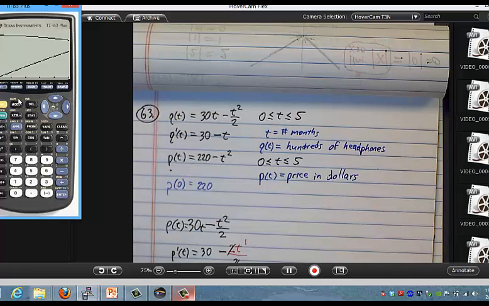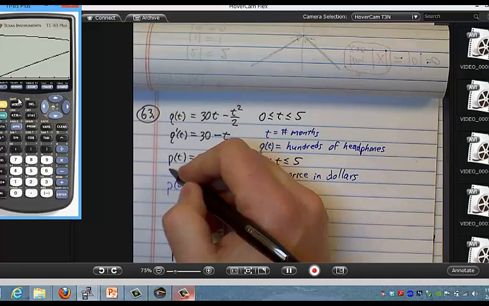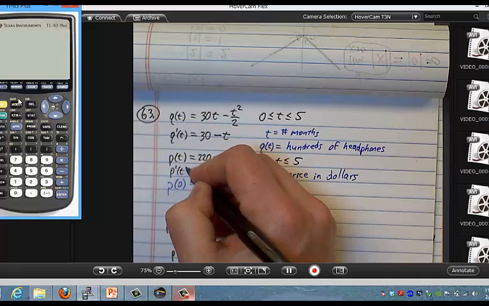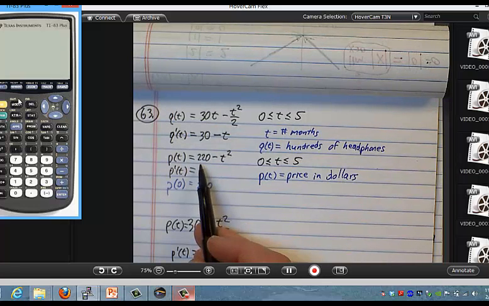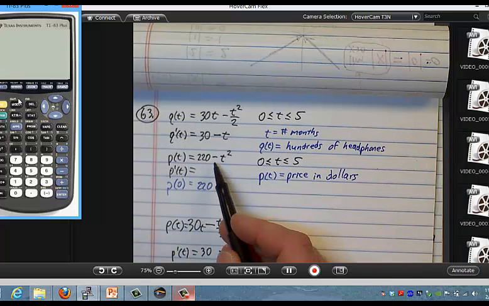Could you all write down what p prime of t is? Well, it's funny, because what's the derivative of 220? That's a constant, so that derivative is 0. What's the derivative over here? Negative 2t.